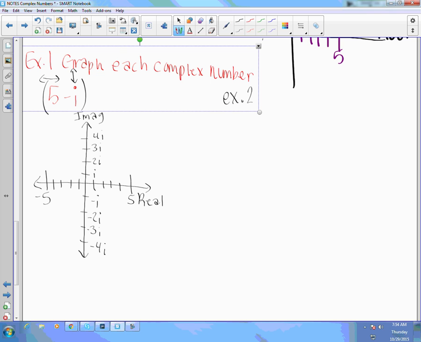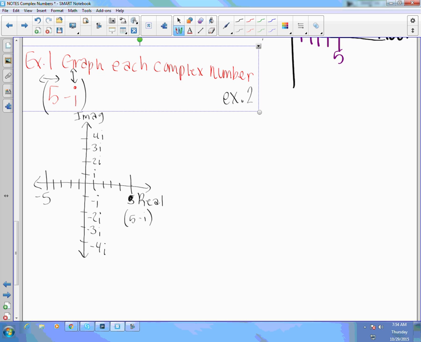How many? 5, good. And the next one is negative i, and where is negative i? Up and down. So since it's negative, we're going to go down to there, right? So it makes sense? First number, left and right. Second number, up and down. And if it's positive, you go up, if it's negative, you go down. Okay, so that is the number 5 minus i.